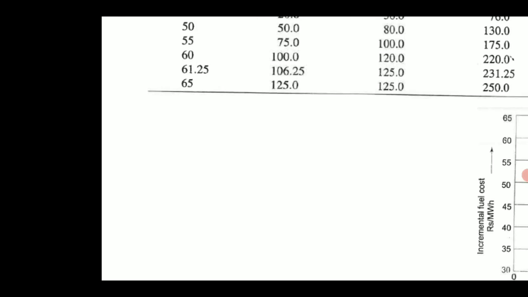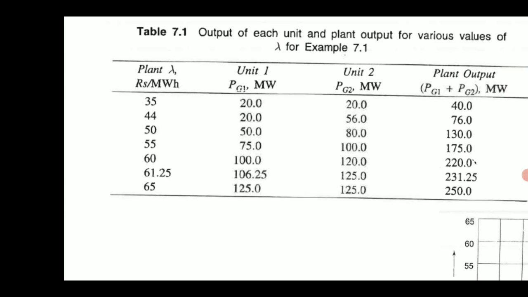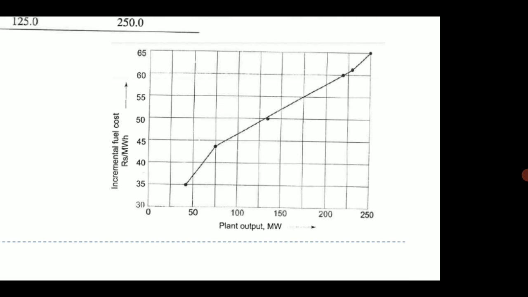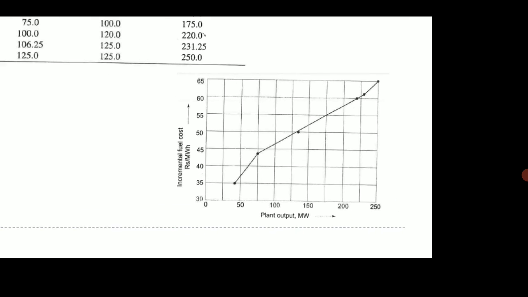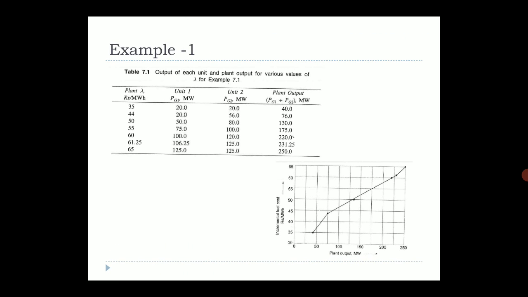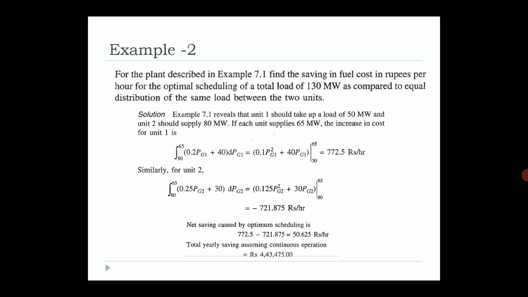So you can see we have plotted 35, 44, 50, 55, all these values are plotted, and then when we want to find a particular value at a particular power, we can get the value of lambda at this point from this graph only. So you can refer to this graph or you can refer to this table. Let us continue with example 2.